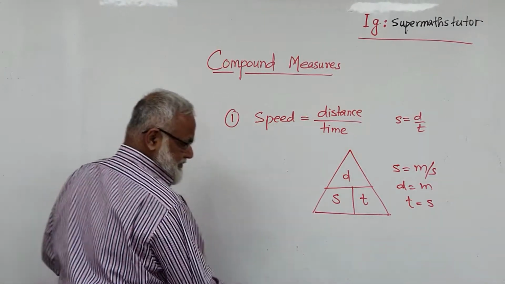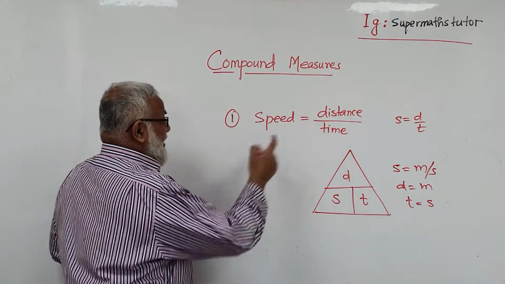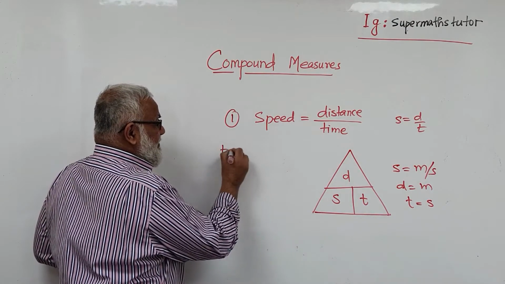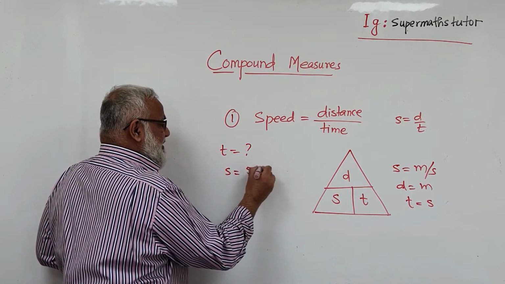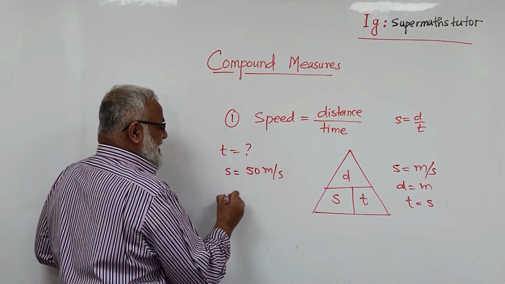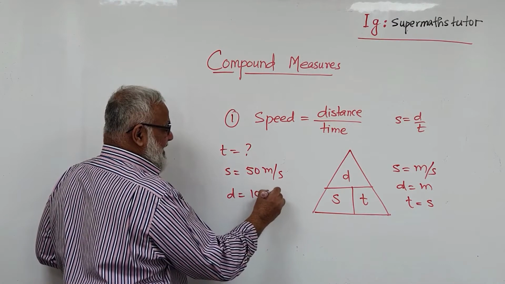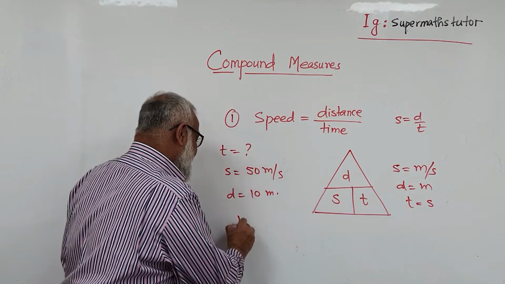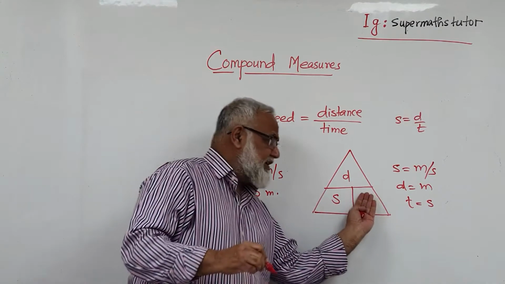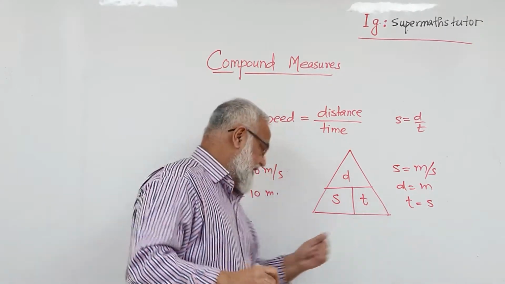Next, if I ask you to find the time, and speed is 50 meter per second and distance is 10 meter. So time means I'm going to put my hand here. The formula will be distance divided by speed.